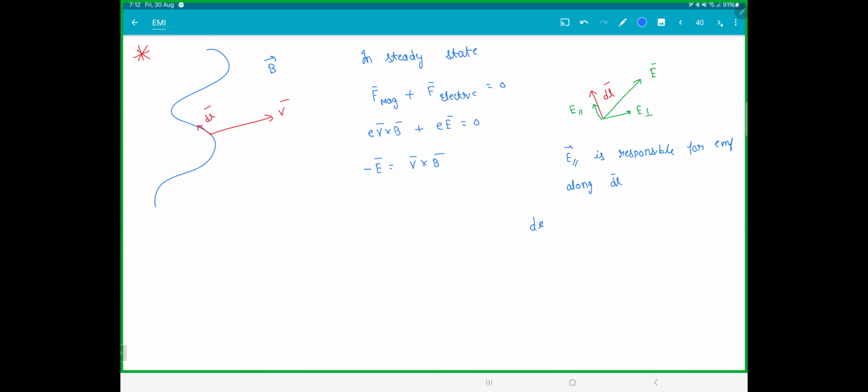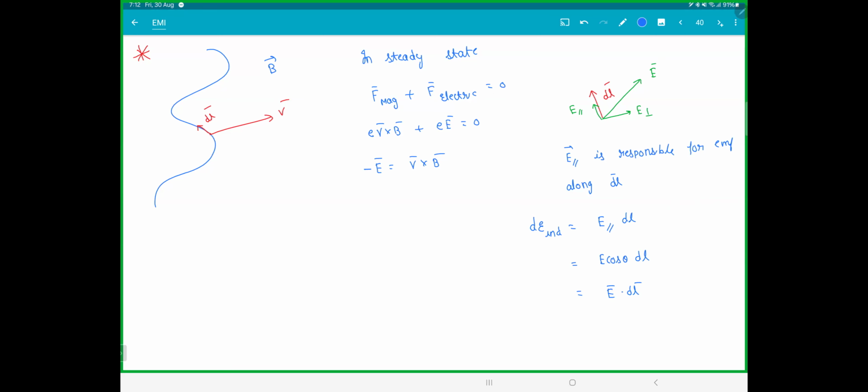So small d EMF induced would be E parallel dL, which is minus V cross B. And this is nothing but E cos theta dL, that becomes E bar dot dL.